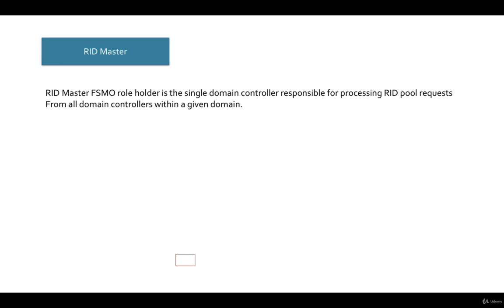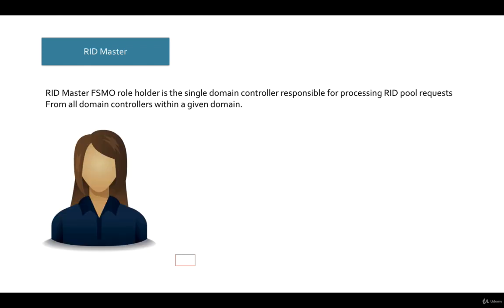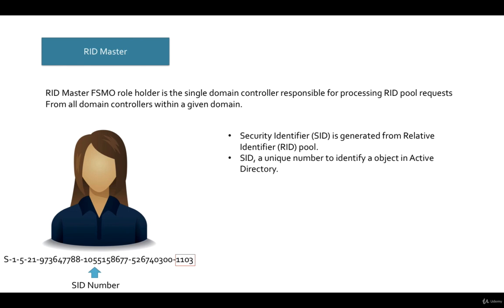RID master. RID master FSMO role holder is the single domain controller responsible for processing relative identifier pool requests from all domain controllers within a given domain. When you create a user in Active Directory, a security identifier number is generated. Generally, the security identifier number is generated from the relative identifier pool.